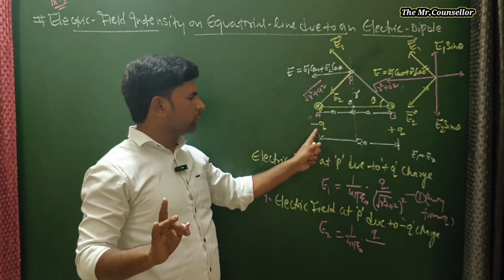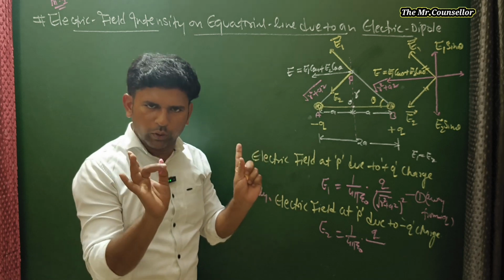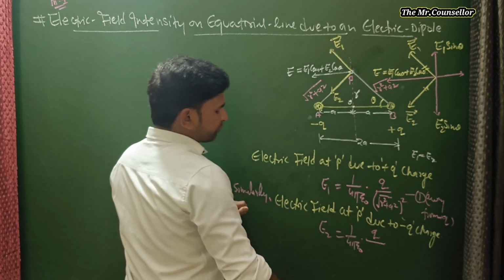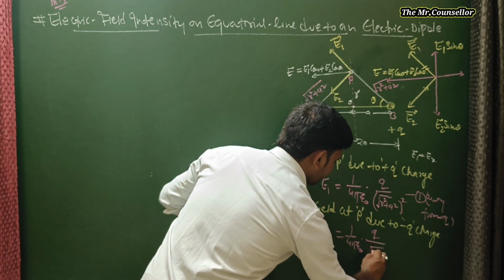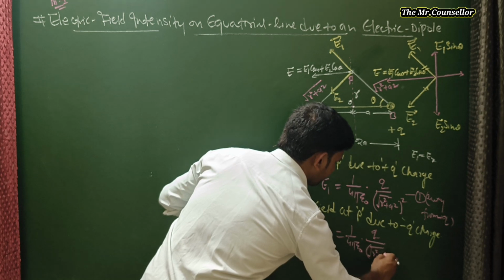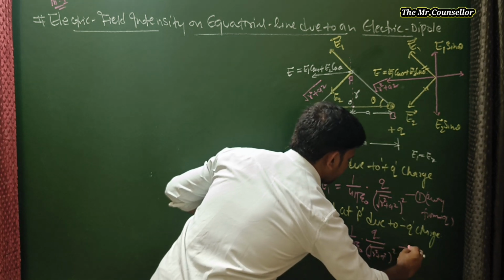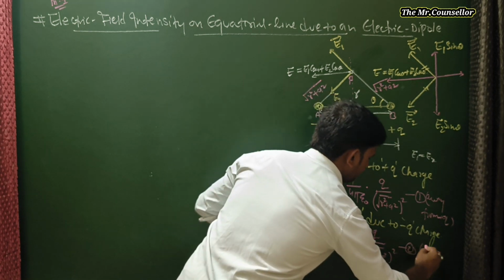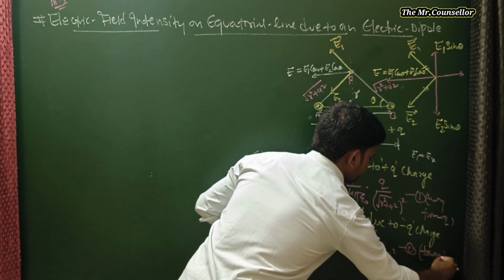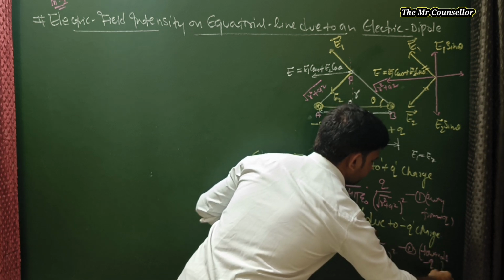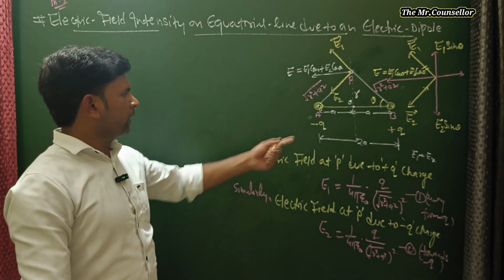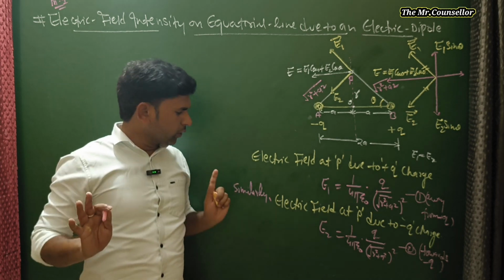It means negative Q charge magnitude will be positive. Do remember this thing. So now, R square plus A square whole square, equation 2. Here you can write towards the negative charge, negative Q. Direction is this side. Is it okay or not?